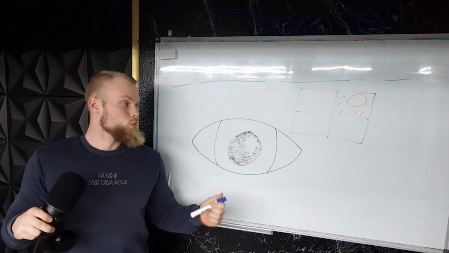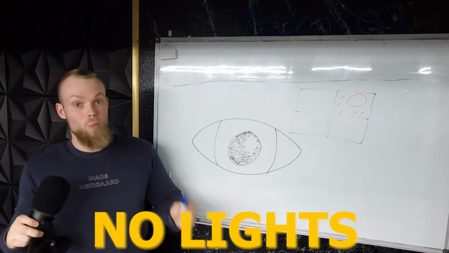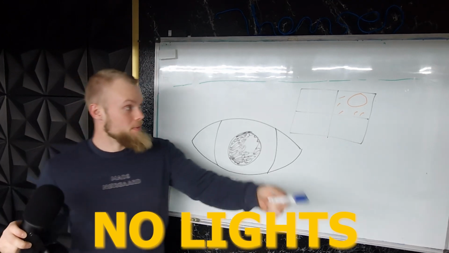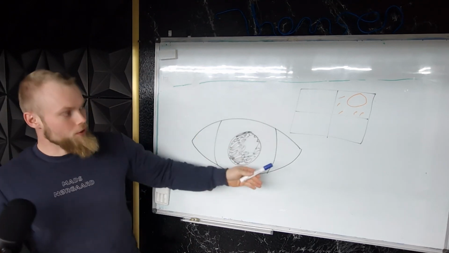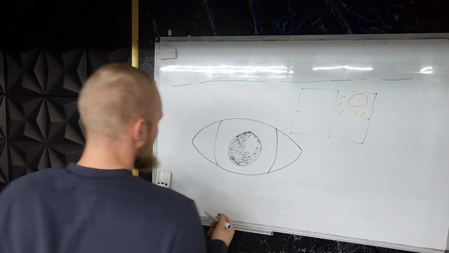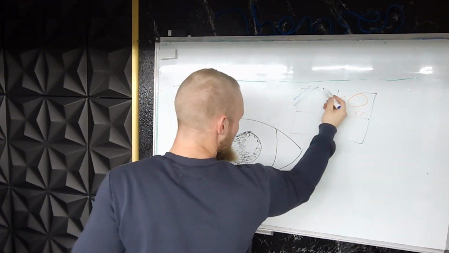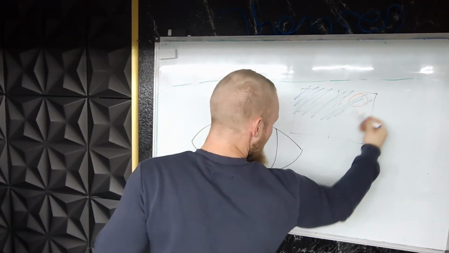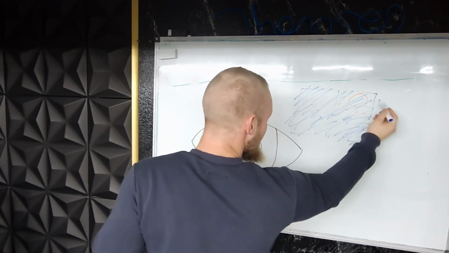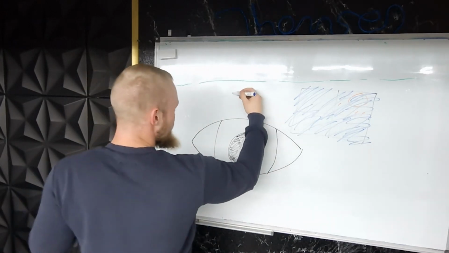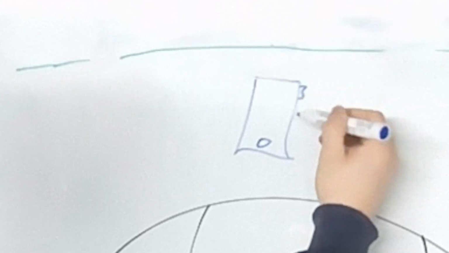The next thing you want to optimize for when you are about to sleep is you don't want any light. And it doesn't matter if it's natural light or artificial light, you don't want any light. So how do we fix this? We buy some blackout curtains and we black out all the natural light and all artificial light that might come from our phone and stuff like that.